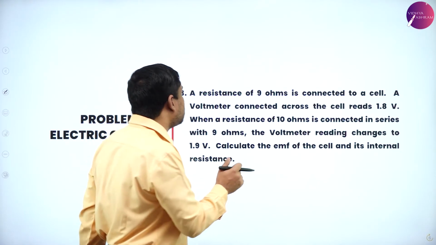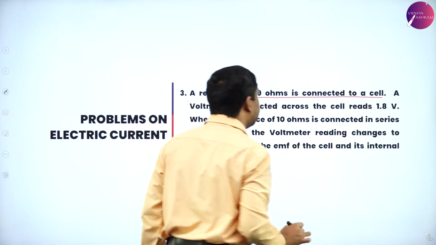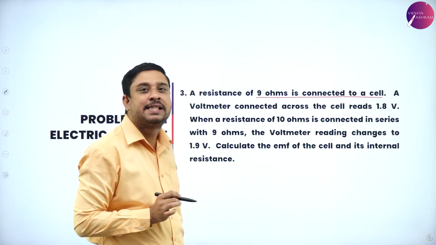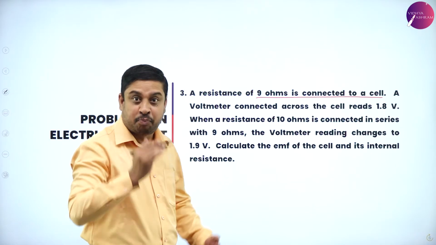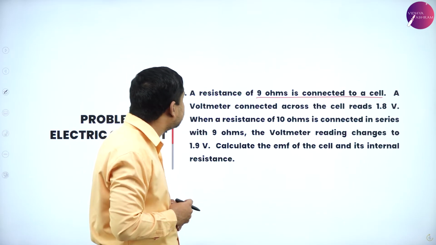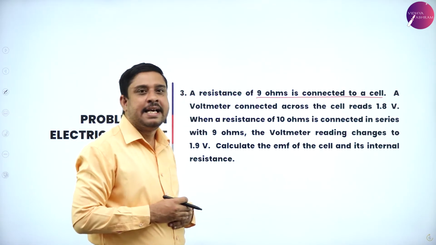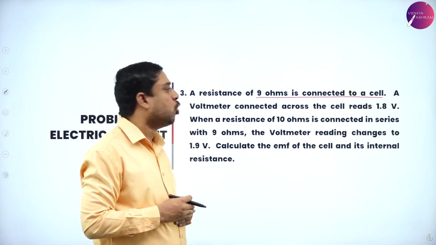A resistance of 9 ohms is connected to a cell. There are 2 parts in the question. Resistance of 9 ohms is connected to a cell.